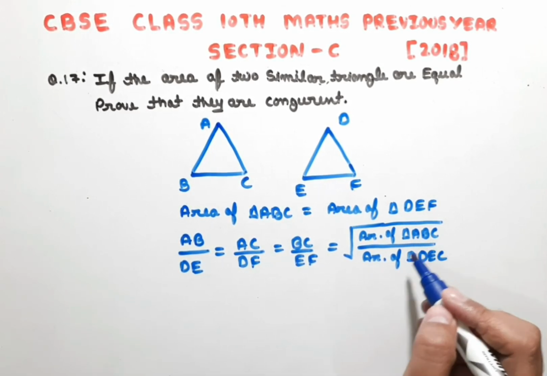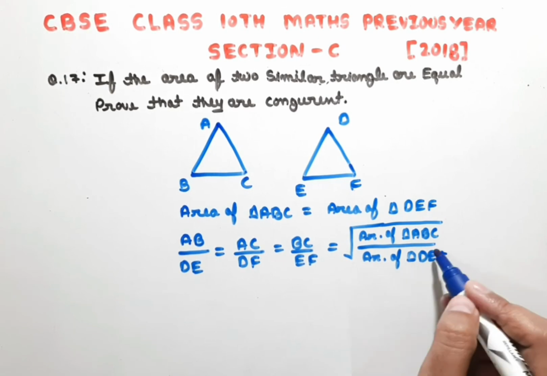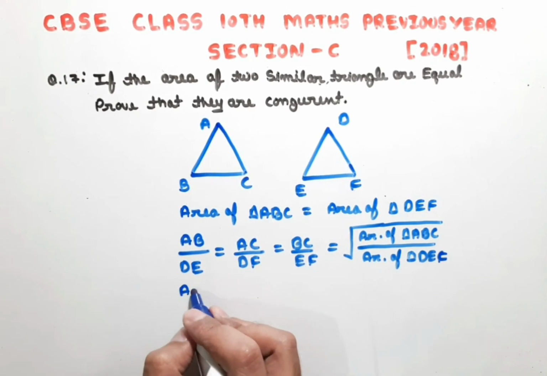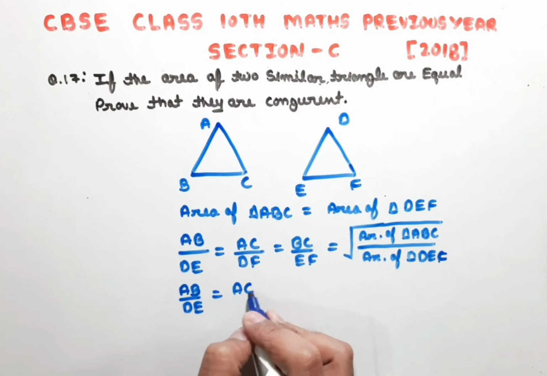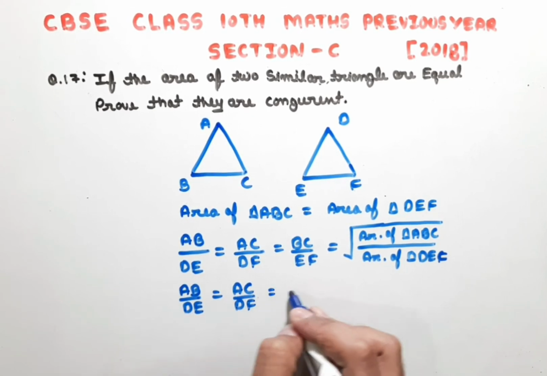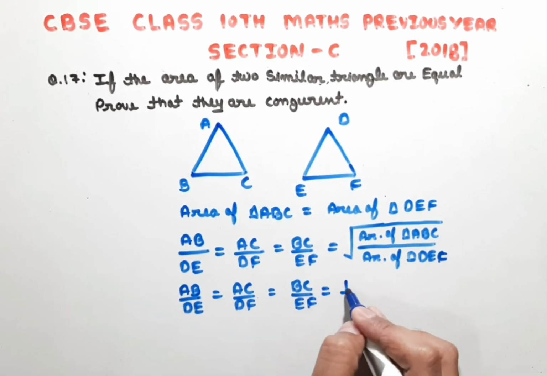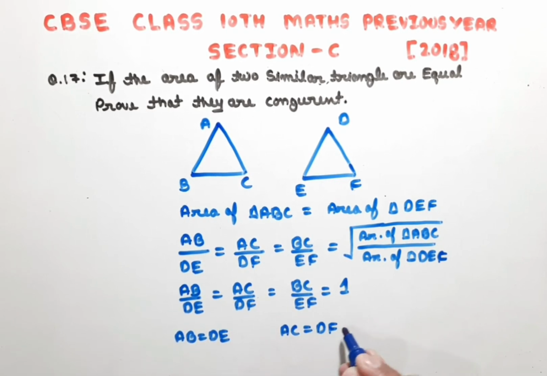Since area of triangle ABC and area of triangle DEF is equal, this will be cancelled out and will be equal to 1. So AB upon DE equals AC upon DF equals BC upon EF, that is equal to 1. So from here AB will be equal to DE, AC will be equal to DF and BC will be equal to EF.